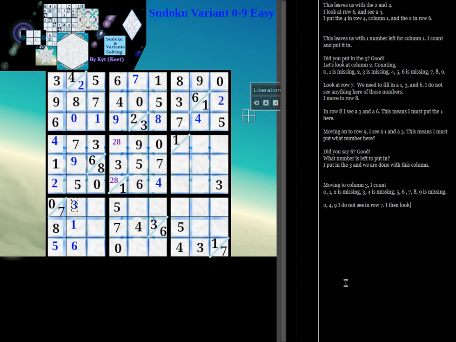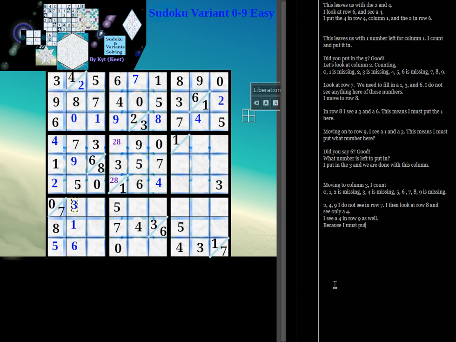I then look at row 8 and see only a 4. I see a 4 in row 9 as well.